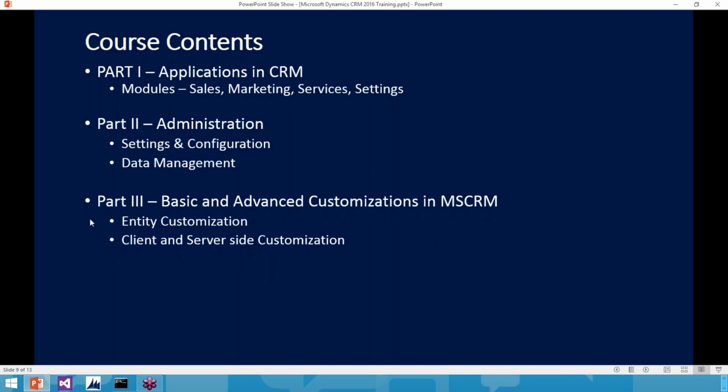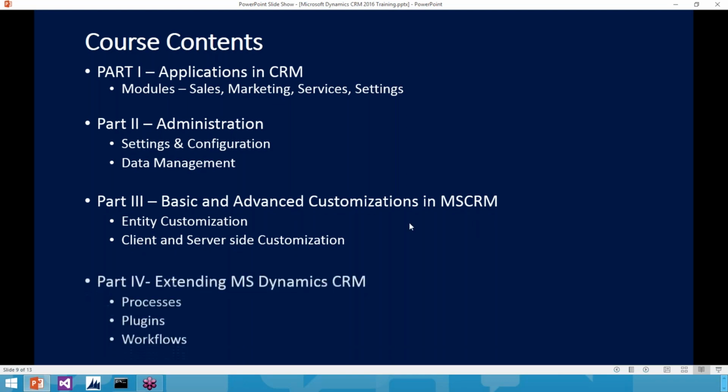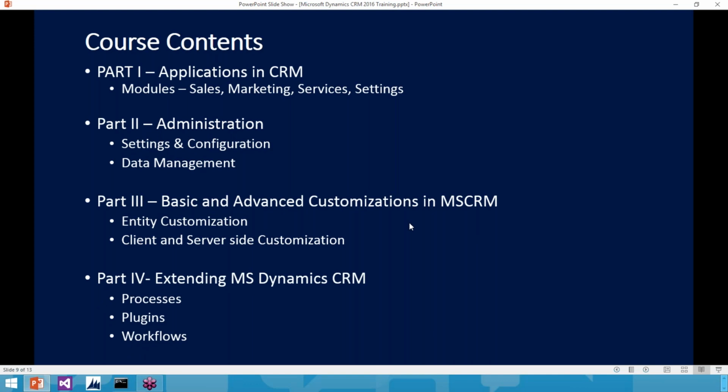And again, this is also another area where you guys will come into play. Customization of CRM system. Extending CRM system by developing custom server-side code, custom client-side code.